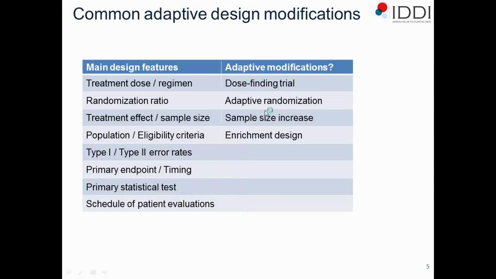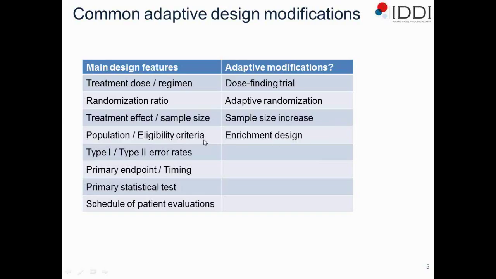Now, of all these design features, the most commonly adapted are the treatment itself in dose-finding trials. And we will discuss a case study of a dose-finding trial, a phase 1 trial in oncology. The randomization ratio can be changed adaptively, and that is done through adaptive randomization. The sample size is commonly increased in adaptive designs, and so we will very briefly touch on sample size increases.